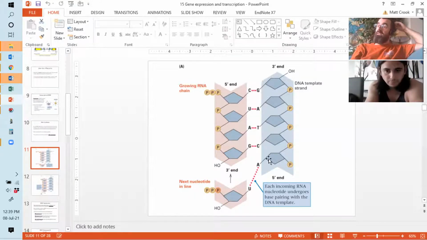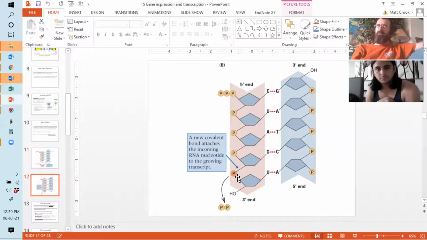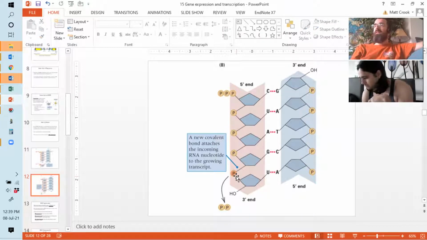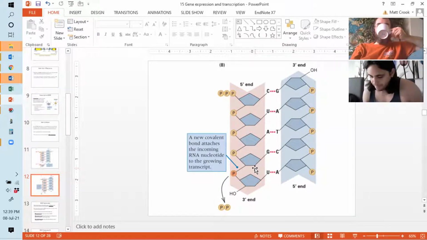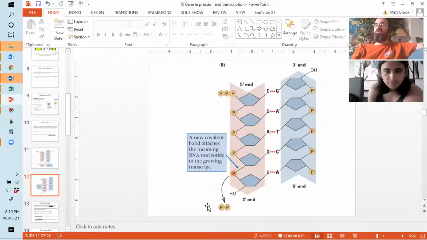That's brought in, base pairs with adenine, and then RNA polymerase synthesizes the phosphodiester bond, sorry, between the phosphate on the incoming nucleotide and the 3' OH on the one that's already there. And that reaction is powered by the energy released in removing this diphosphate, this pyrophosphate.